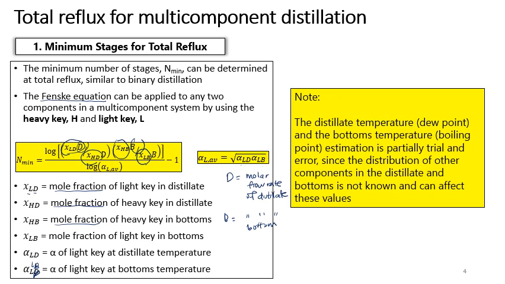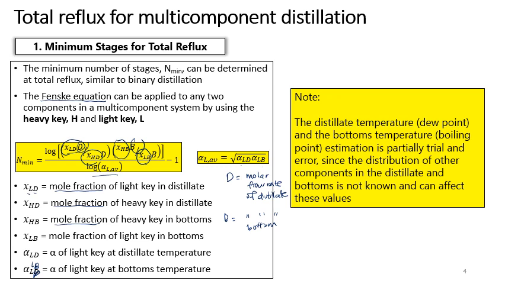So you just have to identify the mole fractions of light key and heavy key in the distillate and in the bottoms, and you need to know the flow rates of distillate and bottoms, and also the alpha values. Then you can key in the values in the Fenske equation and get the minimum number of stages.